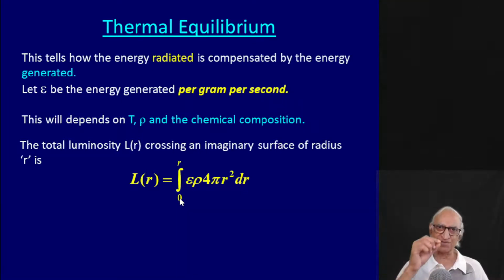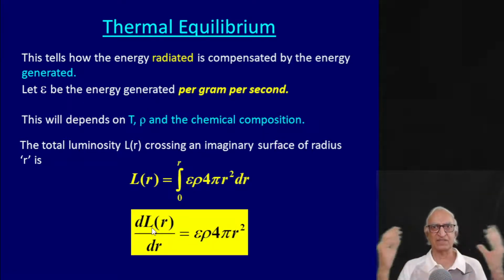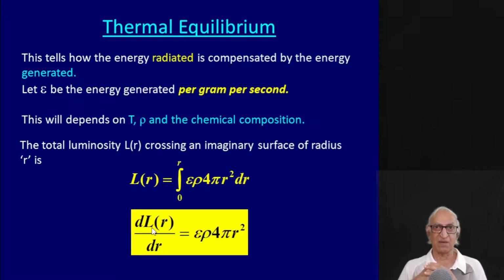You integrate that from 0 to the imaginary surface of radius r, and that is the luminosity crossing the surface of radius r. Now, that equation can be written as a differential equation. dL(r)/dr is equal to epsilon ρ multiplied by 4πr². So all I'm saying is the energy that is radiated to an imaginary surface of radius r must be compensated by the energy that is generated inside that imaginary surface.